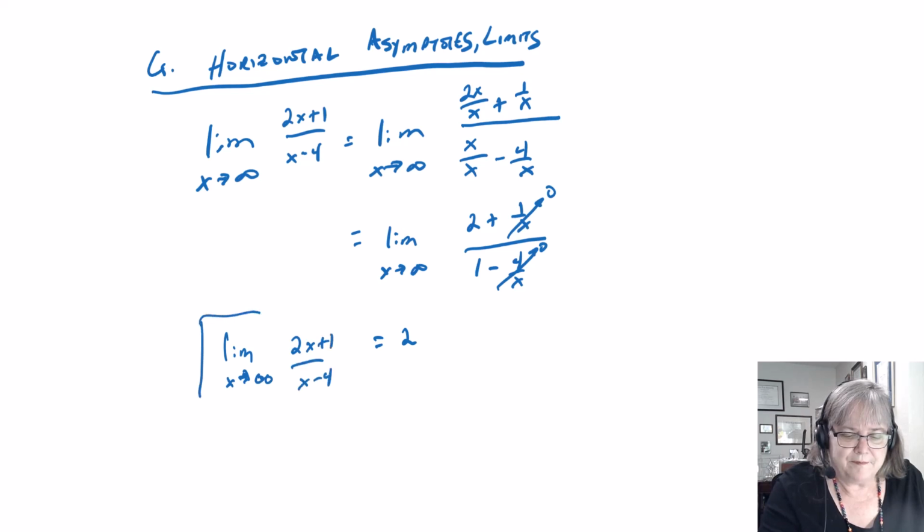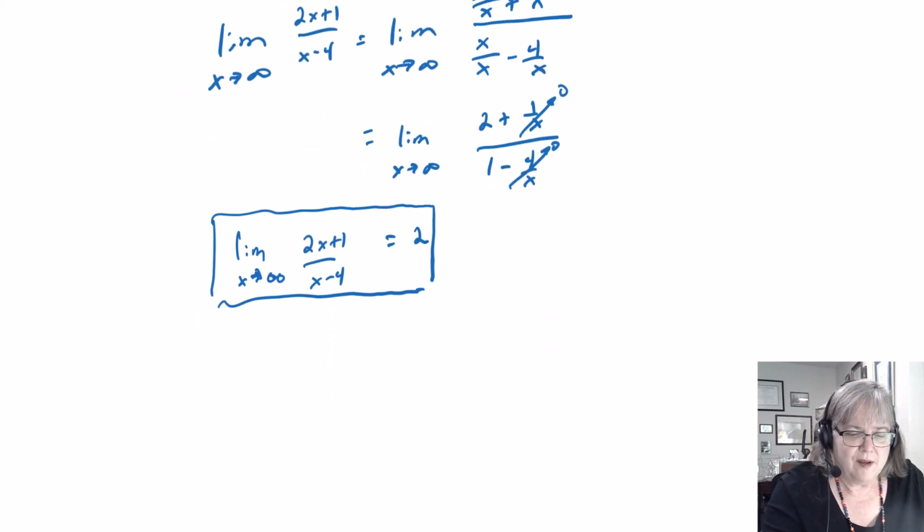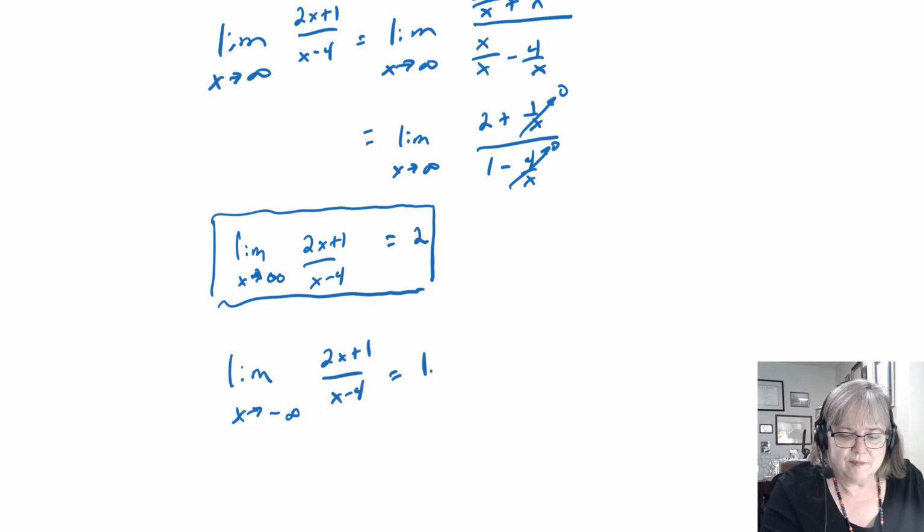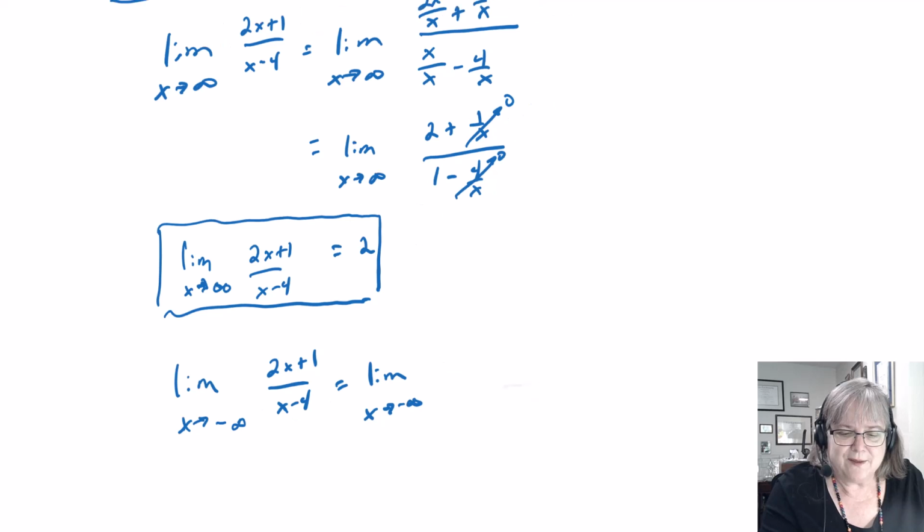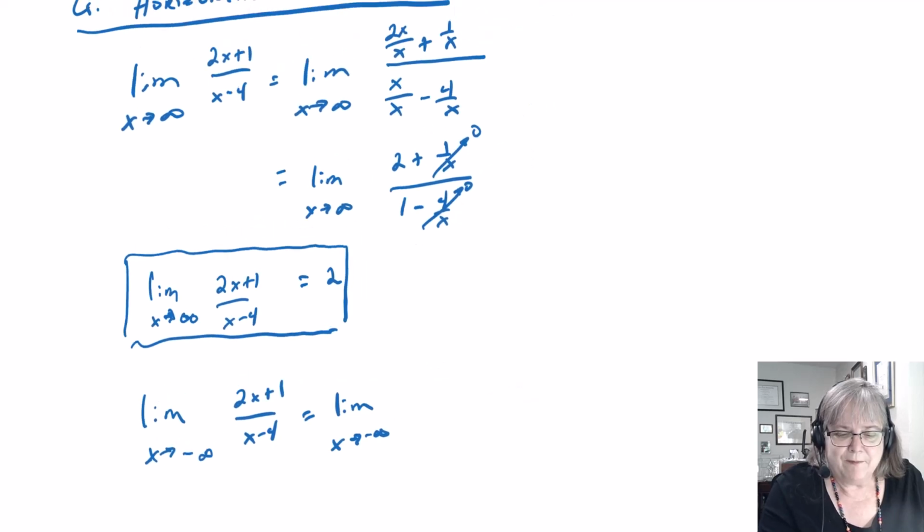Okay? And just to make sure it's the same on the other end, I got stuck there for a second looking up there at the infinities. We're going to do the same thing. We're going to divide by the biggest variable power in the bottom.